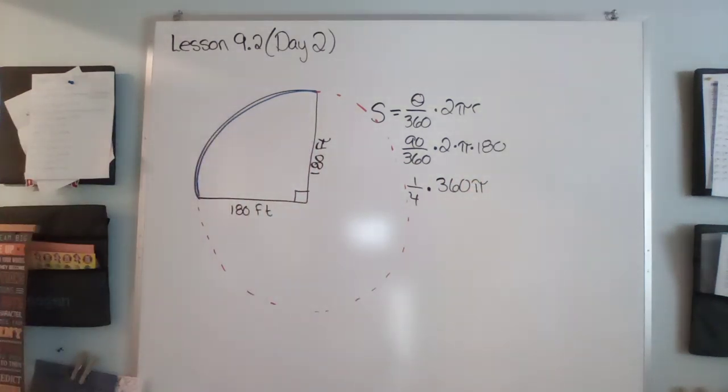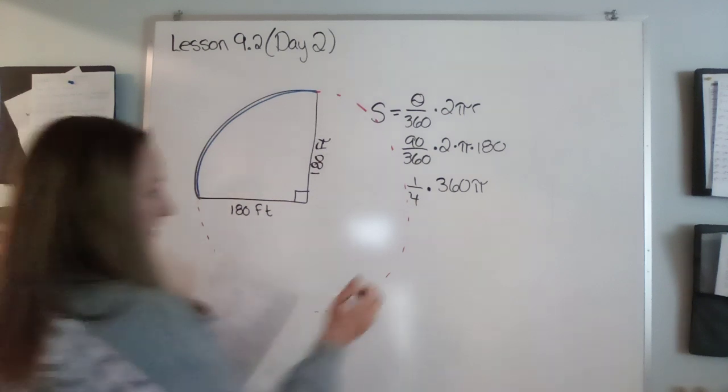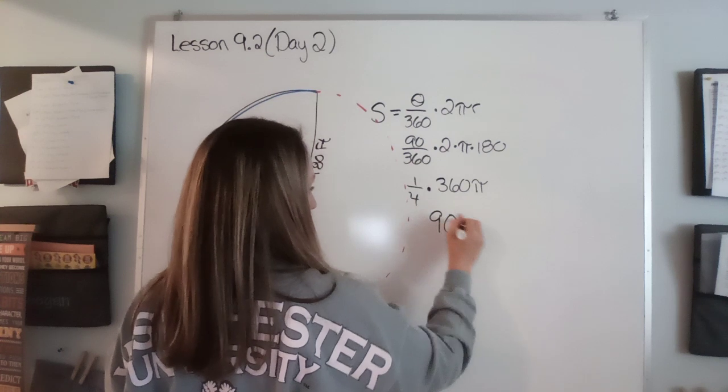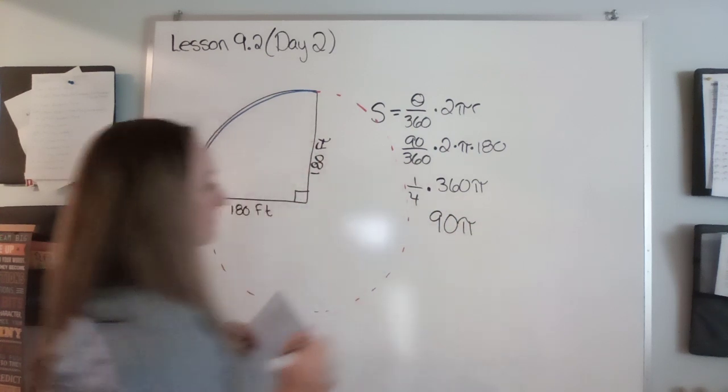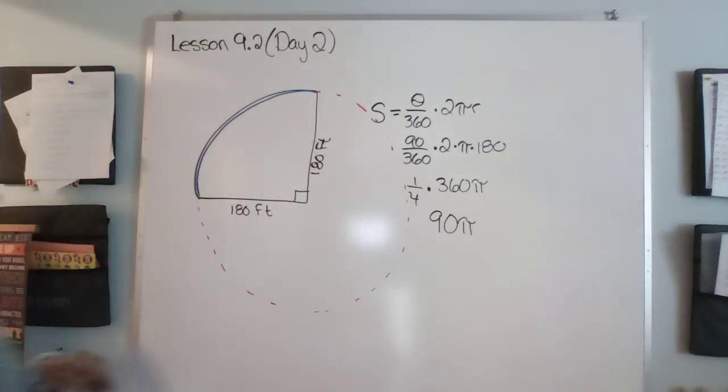And then 360 divided by 4, and you can leave pi for now. Oh, sorry guys, I'm looking at the wrong thing on my paper. 360 divided by 4 will be the 90 pi. And my units are feet.